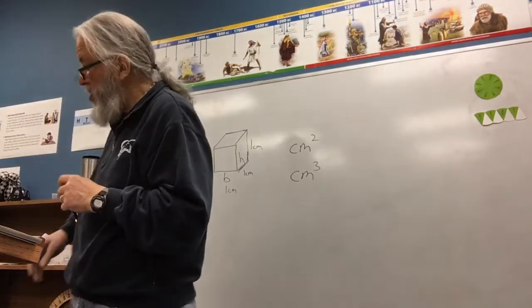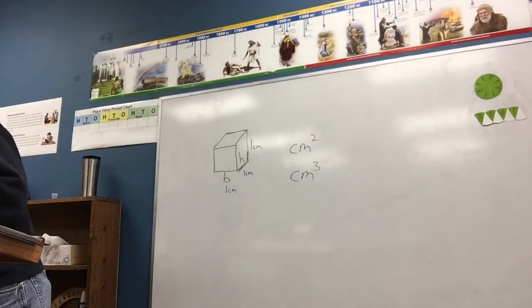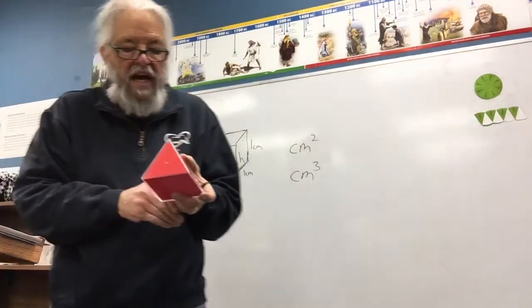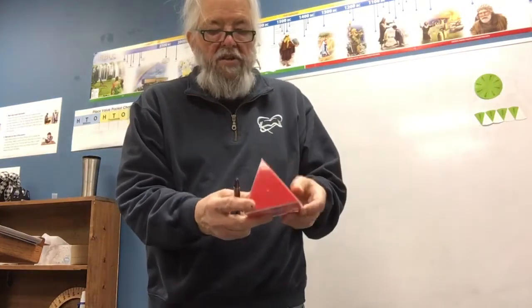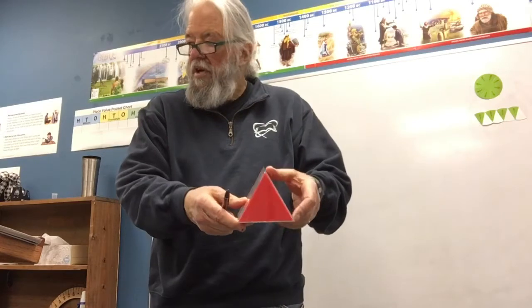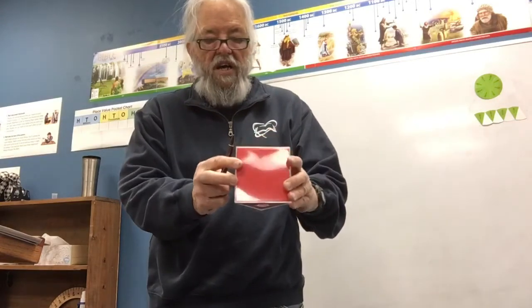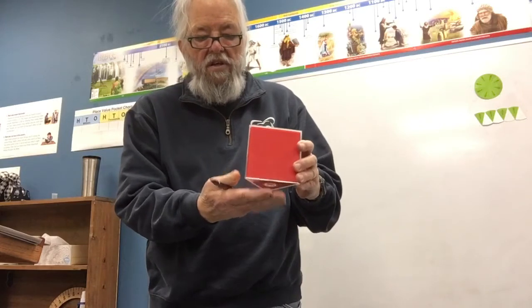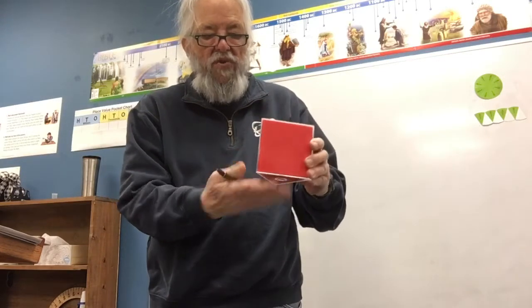Now, let me grab an example here. To do this, they're taking this triangular prism and they're turning it up like that. So the triangle is the base 1 and base 2.